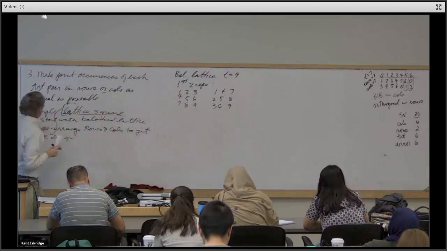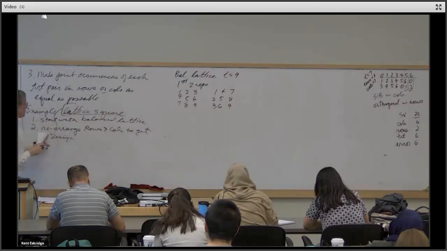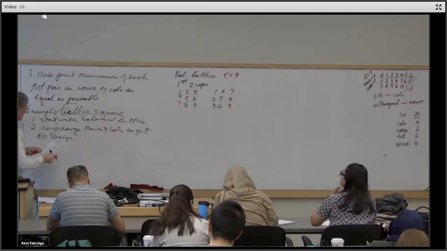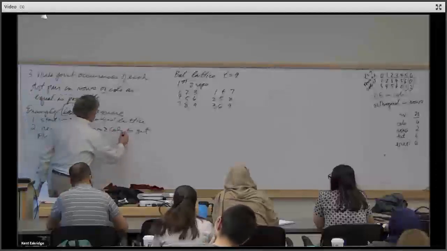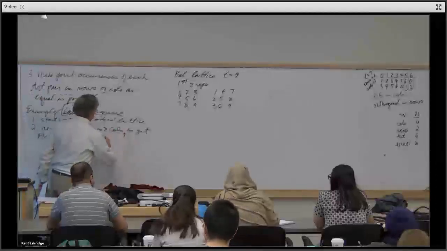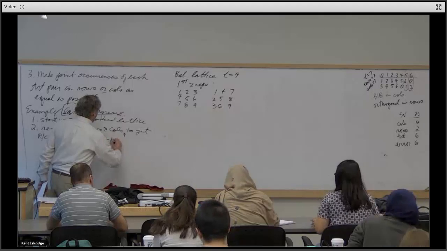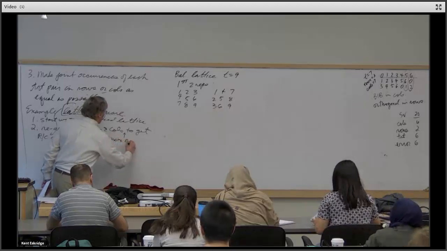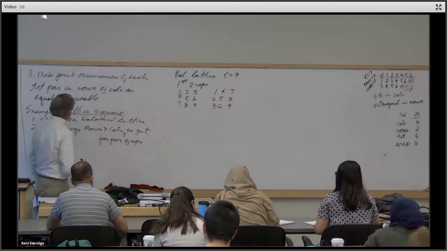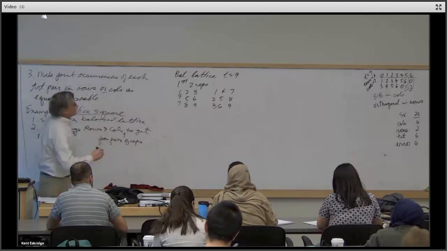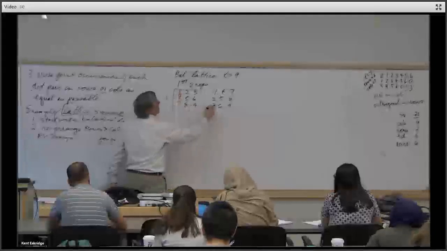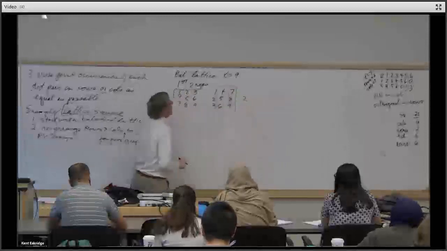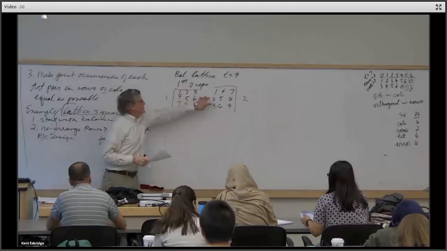So it says, start with a balanced lattice and rearrange rows and columns. Now this is in each rep, from pairs of reps, to get the row column design. So let's take the pairs of reps. This is rep 1 and this is rep 2. So what I'm going to do is put these 2 together.